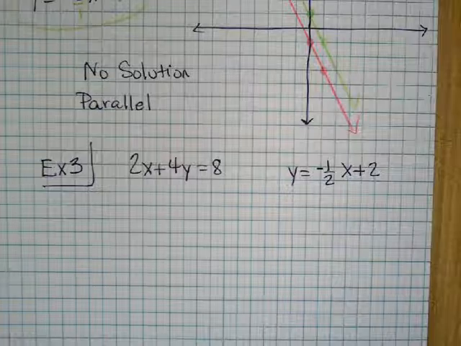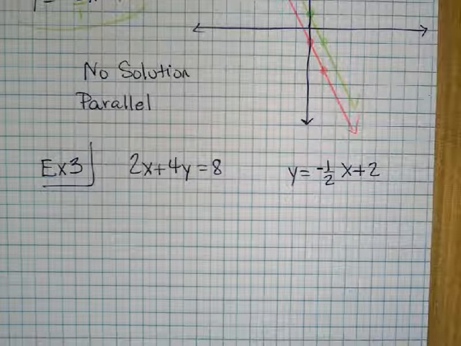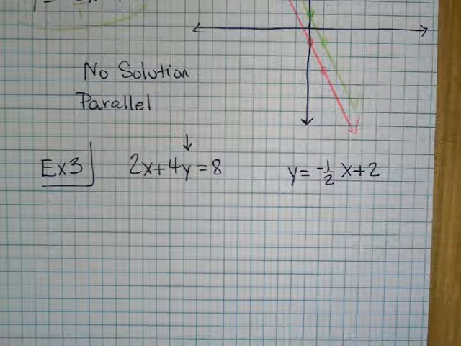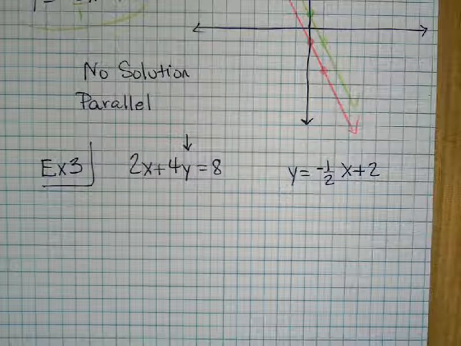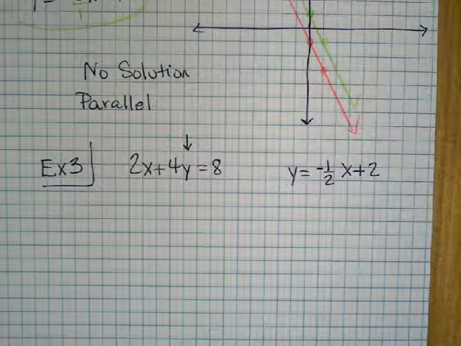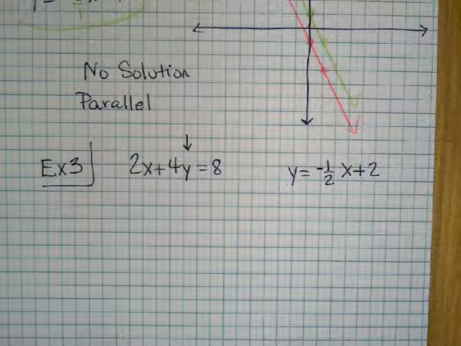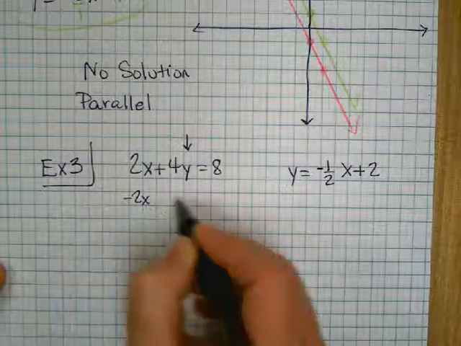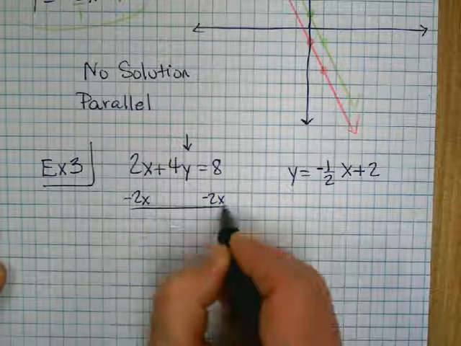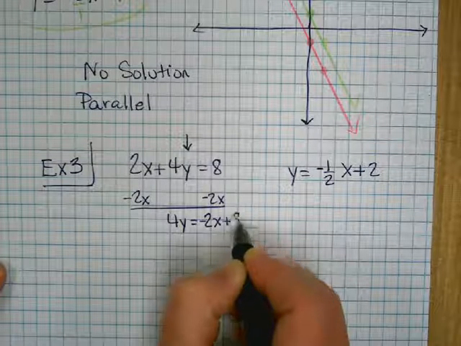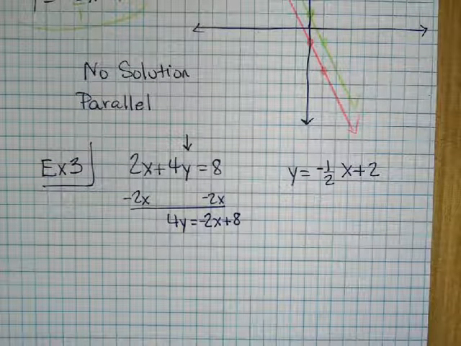You got to get y by itself. And the first step in getting y by itself is to, who can tell me? Subtract 2x. So it says 4y equals negative 2x plus 8. I'm not completely done.